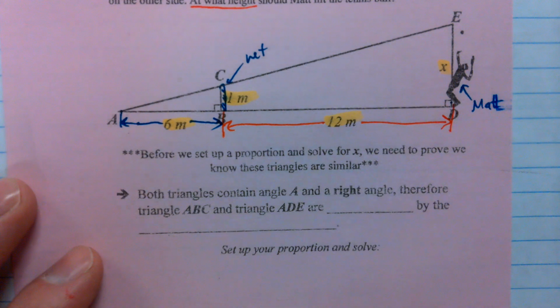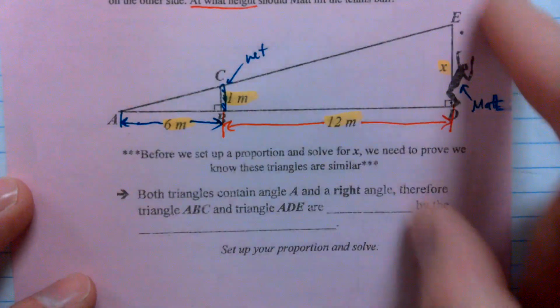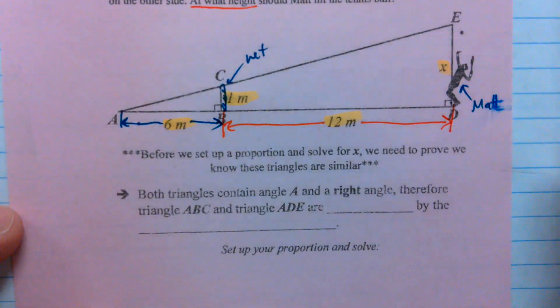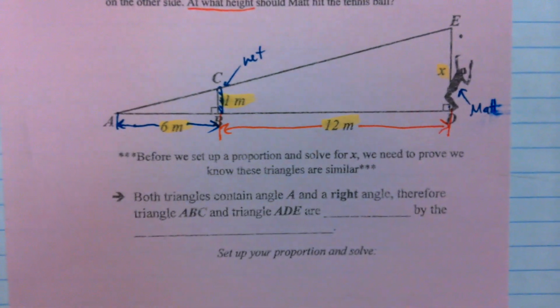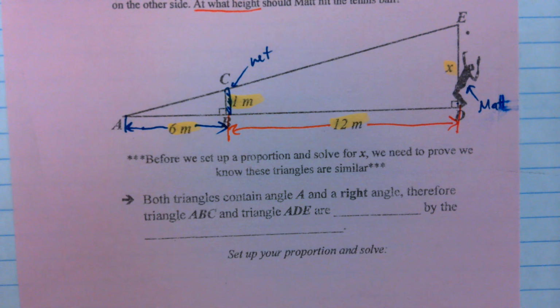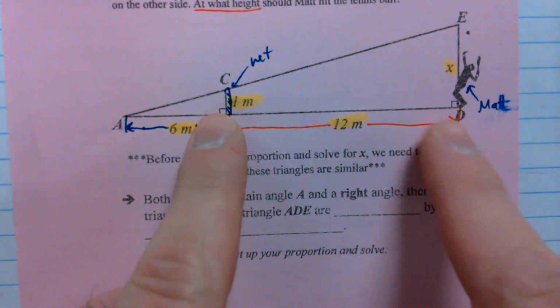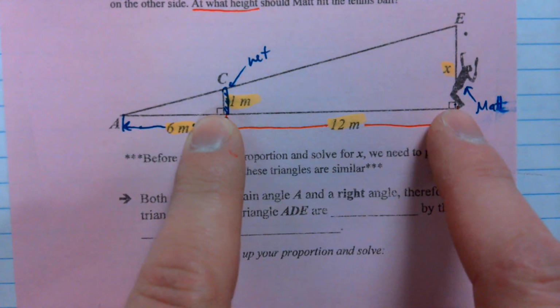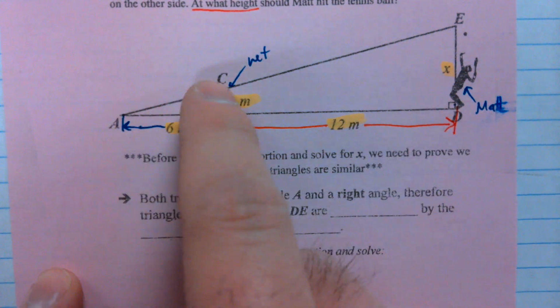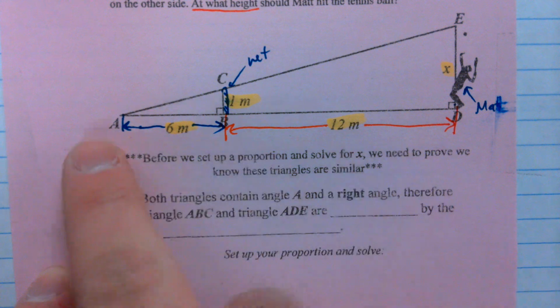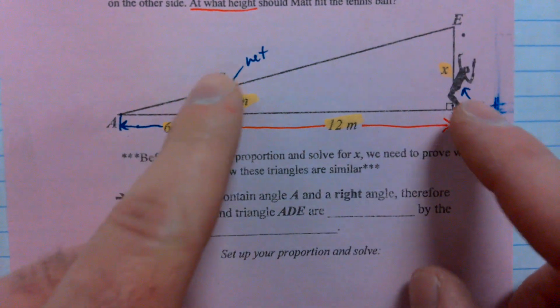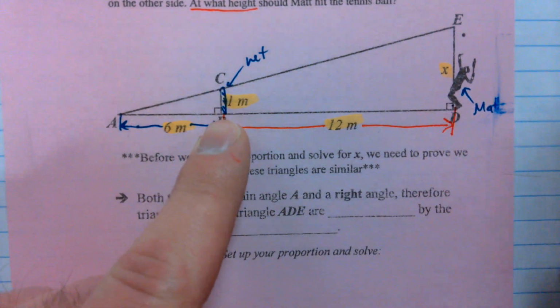So we need at least 2 angles in common. Are there any angles on these 2 triangles that are in common? The right angle. Perfect. They both have a little right angle in the corner. We're looking at this small triangle ABC and this much larger triangle ADE. And we see they both have a right angle. All right, that's 1.